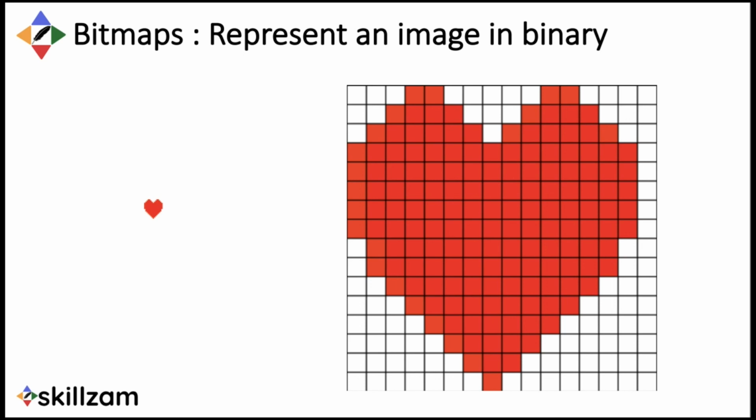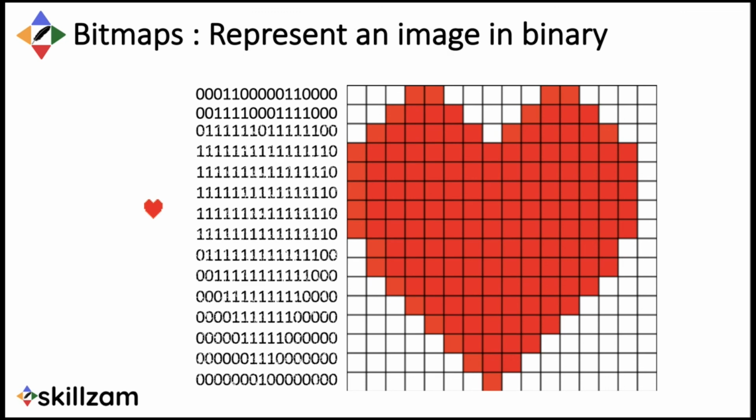A heart icon is made up of two colors, red and white. So a computer could represent it in binary by mapping red pixels to 1 and white pixels to 0. This is called a bitmap since it's mapping pixels to bits. Using this method, the heart icon would be represented in binary values of zeros and ones.